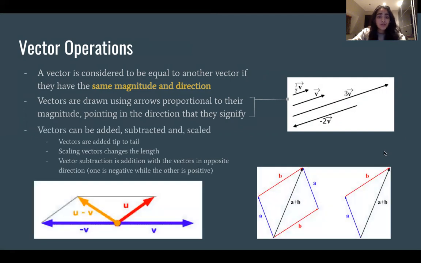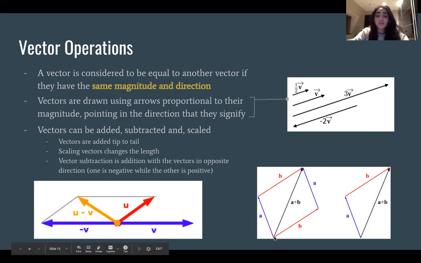As I mentioned before, vectors can be added, subtracted, and scaled. To add and subtract, you line up the vectors from tip to tail, just as you see in this image right here. So you can do A, and then the tail of B will match up to the tip of A. If you connect the lines straight through, that would be the total of A plus B. Using common math skills, you also know that A plus B equals B plus A, and that's exactly what this diagram is showing.